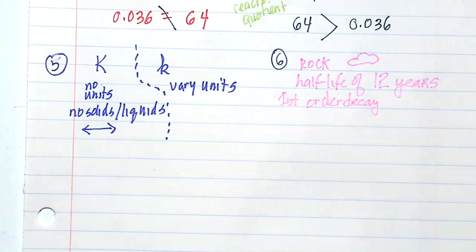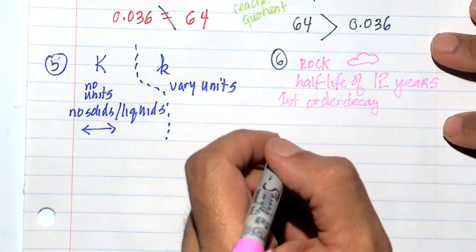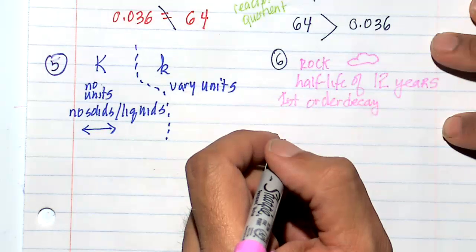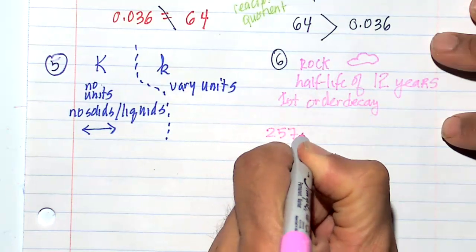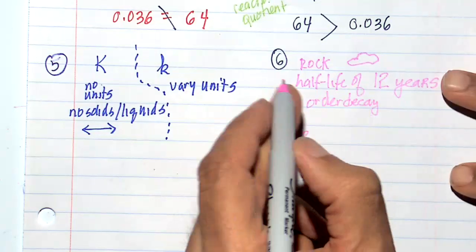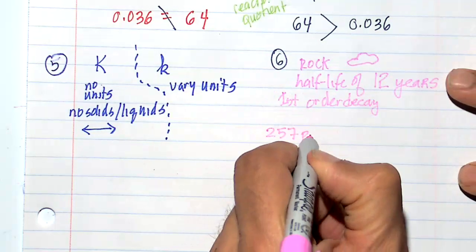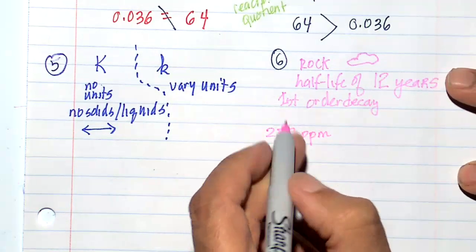Okay, let's say you have first order decay, and I start off with this rock. Let's say I have, I don't know, 257. It's a very small rock. It's an itty teeny tiny rock. Let's say I have 257 ppm. That ppm stands for parts per million.